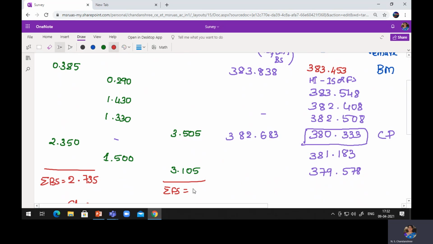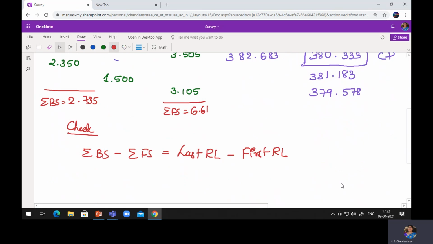Sigma foresight is 3.505 plus 3.105. So this is 6.61. Next, we'll write those values here.